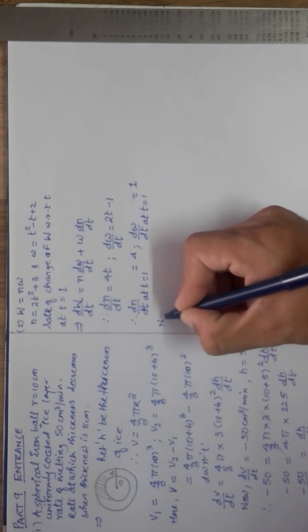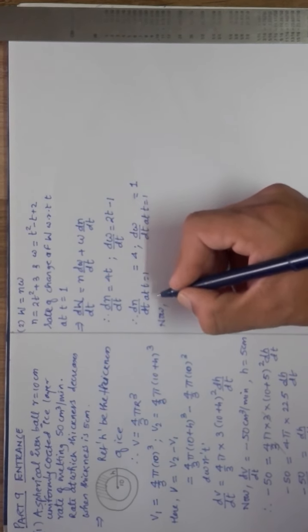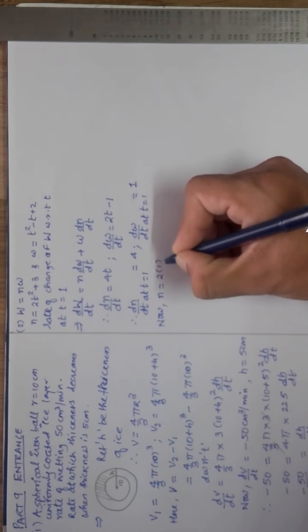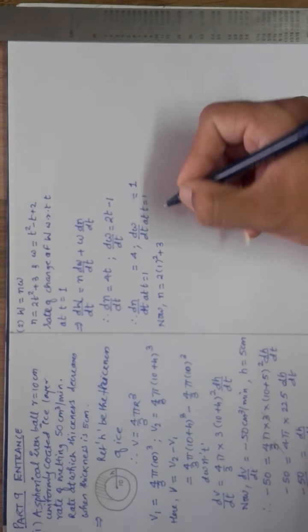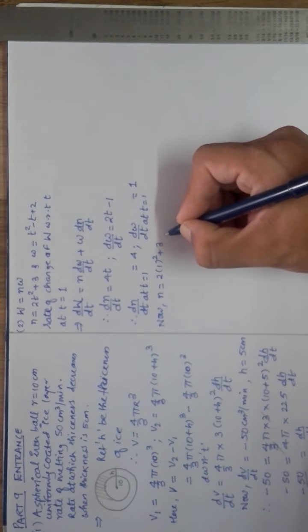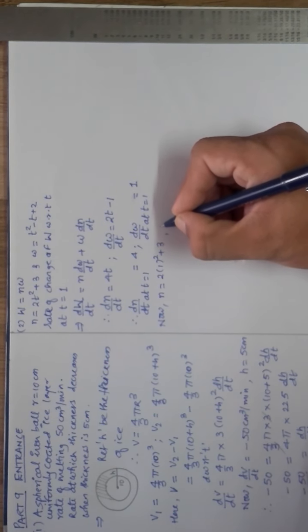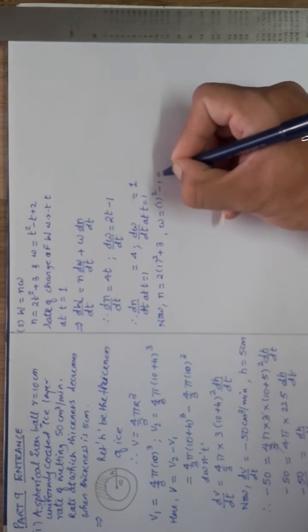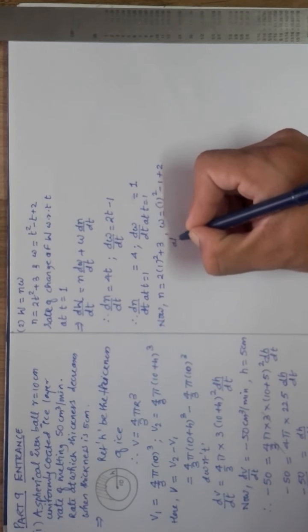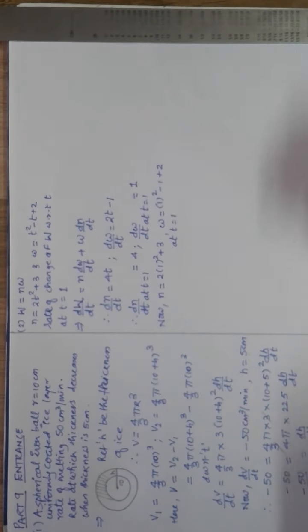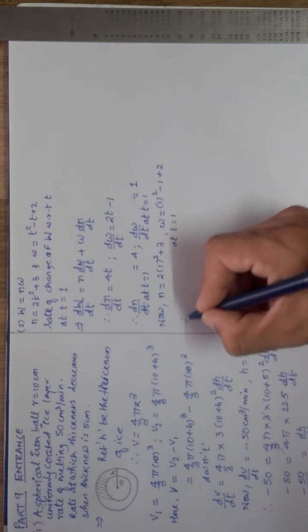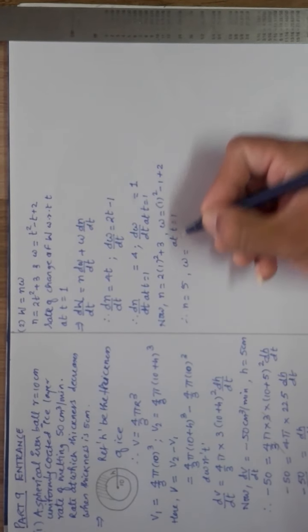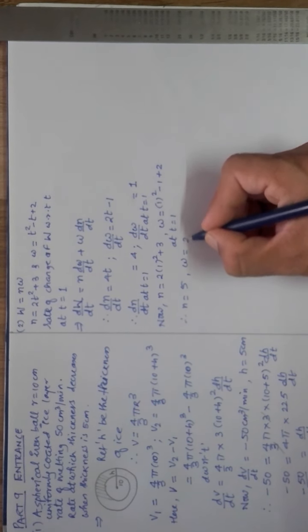Now obviously you will find N, that is nothing but 2 into 1 square plus 3 at t is equal to 1, and small w as 1 square minus 1 plus 2, both at t is equal to 1. So you get here N to be 5 and w to be 2.